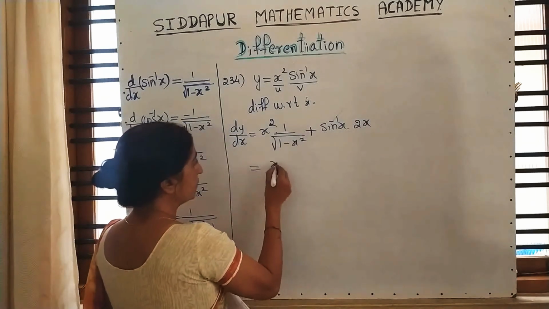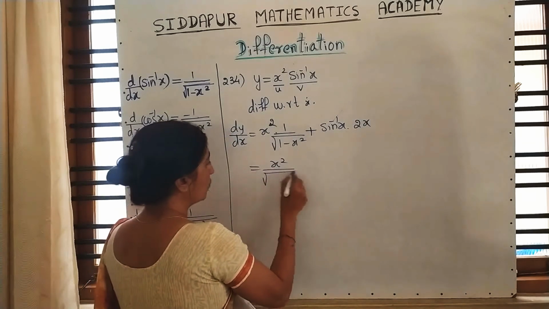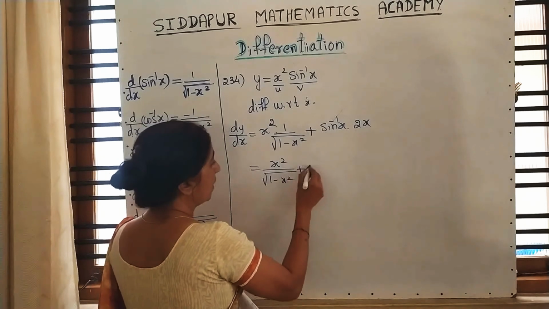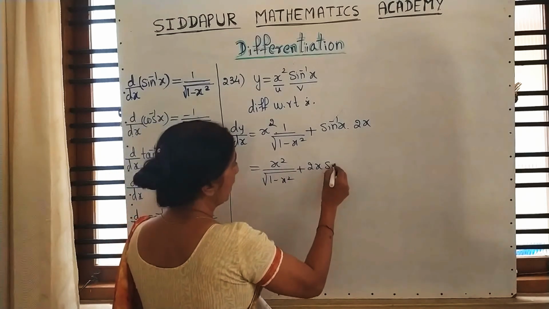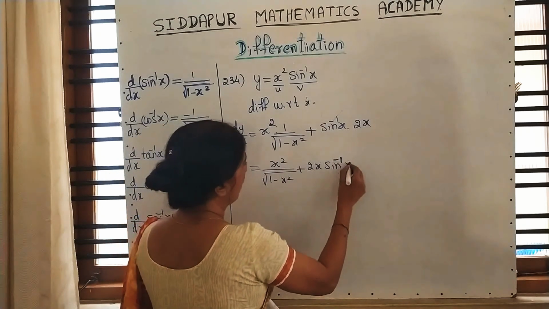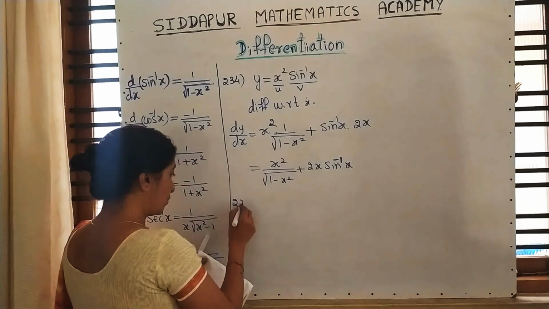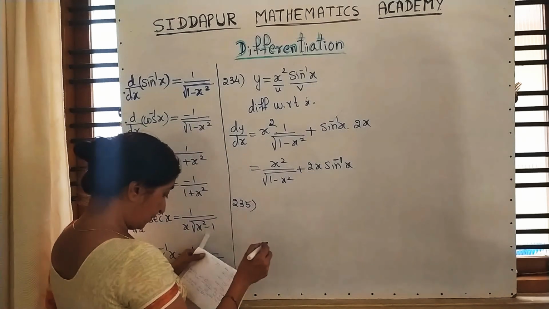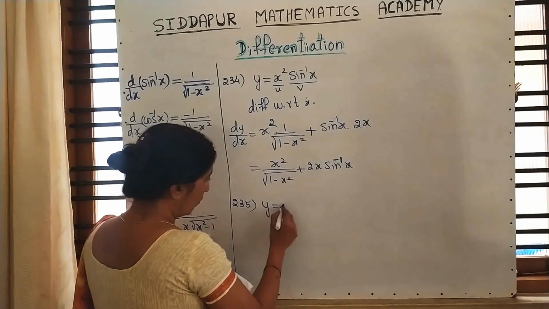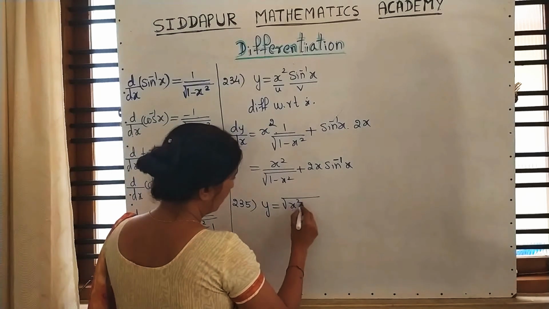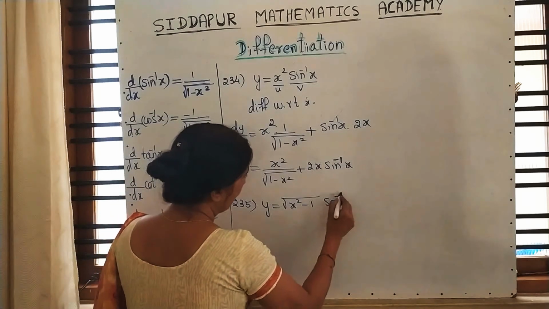I think now the students are familiar with the product rule, directly they can write the result. Correct or what? Question number 235. Y is equal to, or I will write the rule first.